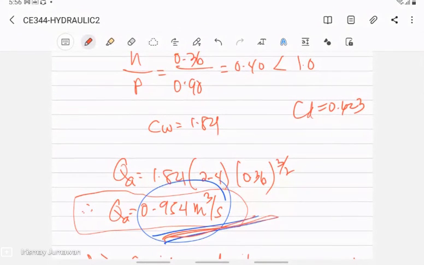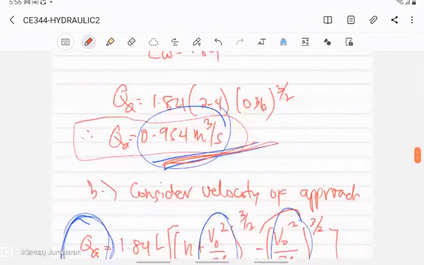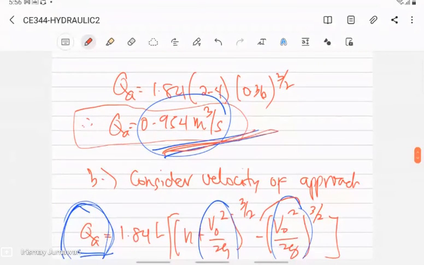cubic meter per second. So if we consider the velocity of approach, it is in the formula and also in the head. So now you have the idea that the value can be more than 0.954 or it can be less than 0.954.